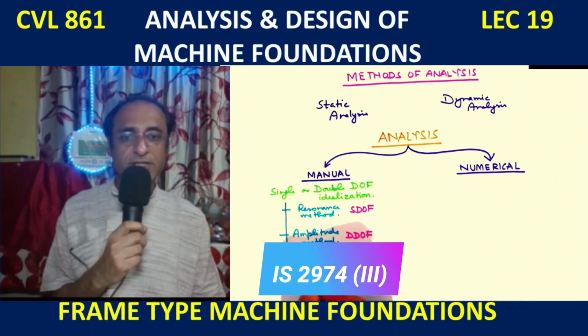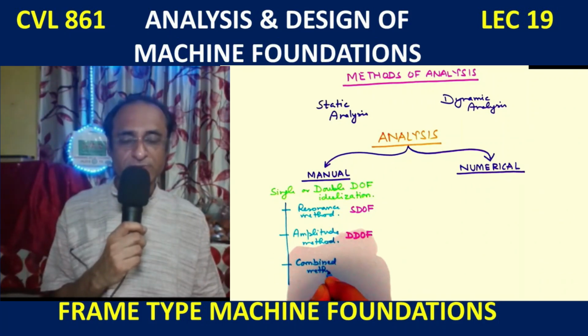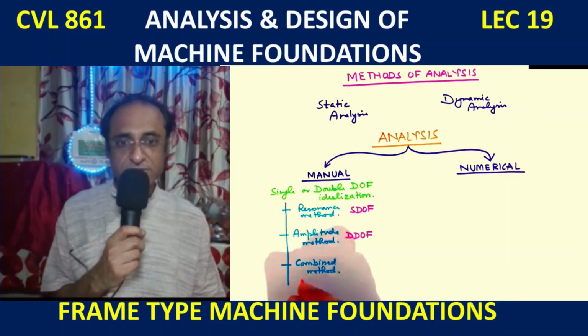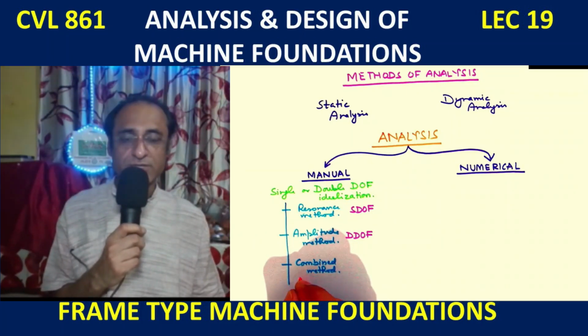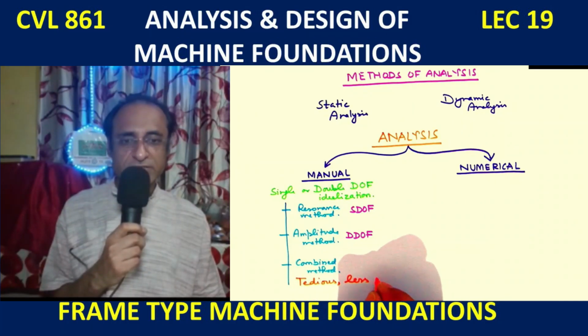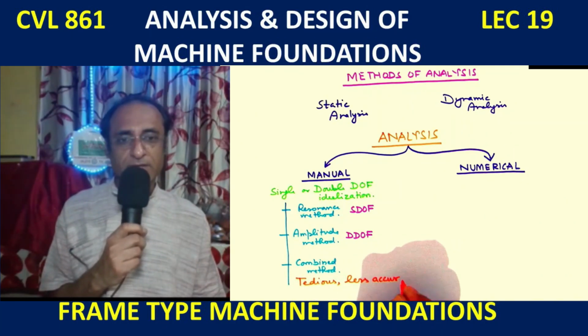The combined method is also a double degree of freedom idealization, but it combines the resonance method and the amplitude method, because the resonance method is based mainly on the frequency check and the amplitude method is based on the amplitude calculation. So this combined method combines both. The manual methods are quite tedious and less accurate, and very time consuming also.